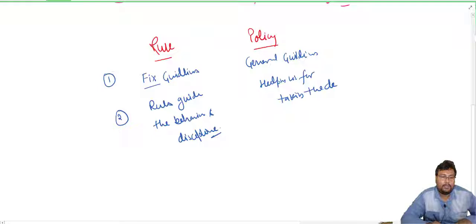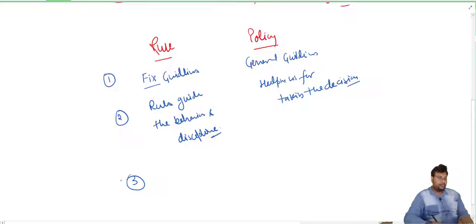Okay, number three is what? Policies are based on objective, and rules are based on policy and procedure.